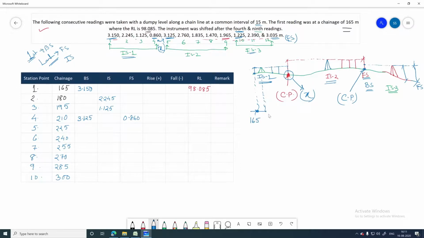The second point is 165 plus 15, that is 180. Similarly you have all other points. The distance between every two station points is 15, so you just need to add cumulatively and you will get the chainage value. In this chainage we have two values, the foresight reading as well as the backside reading. The foresight reading I have written over here, and the backside reading is 3.125. Let's put all the other values also.